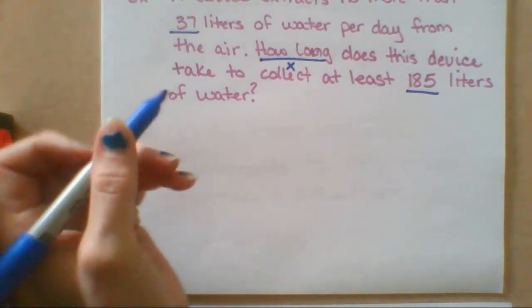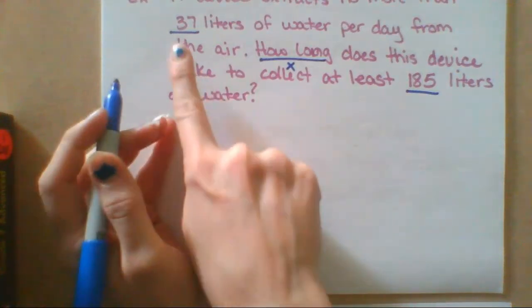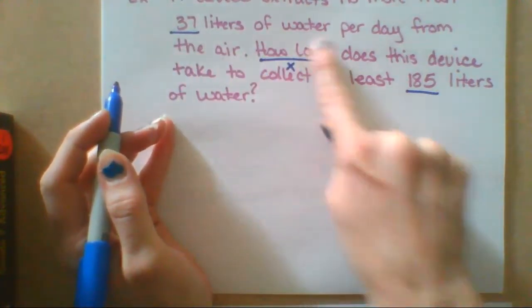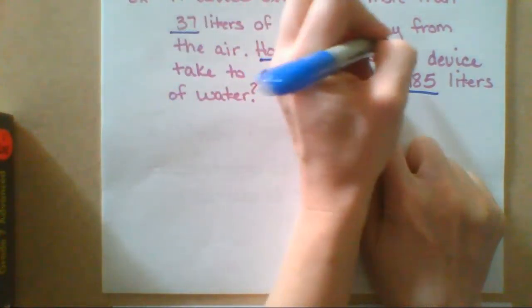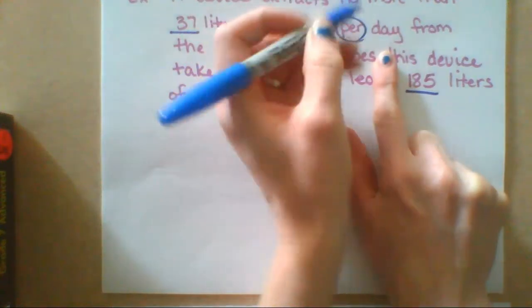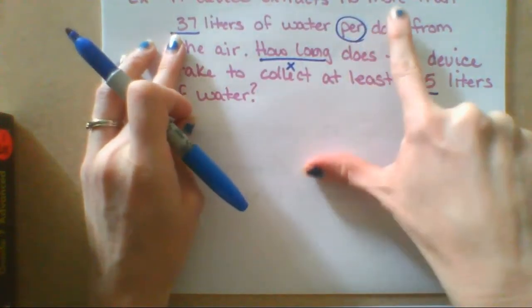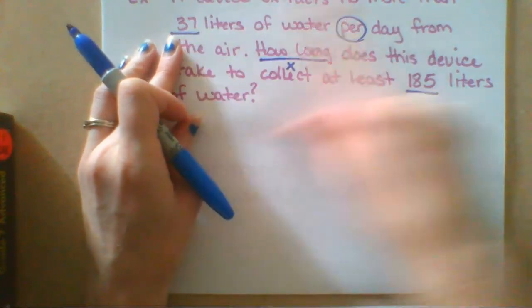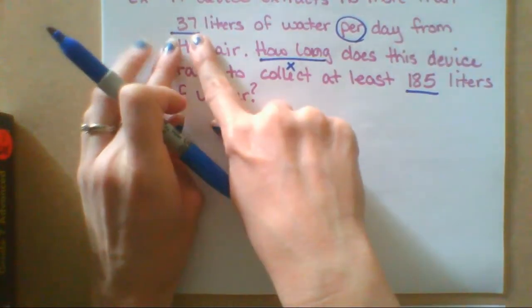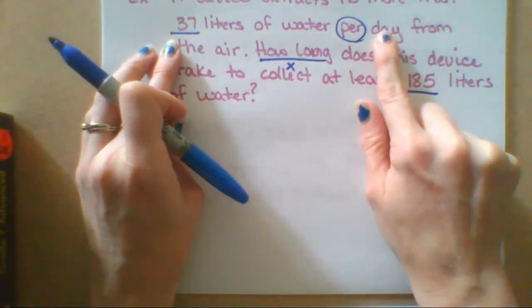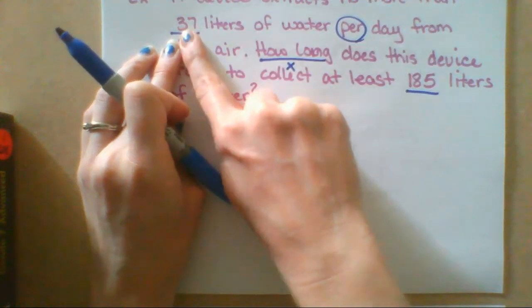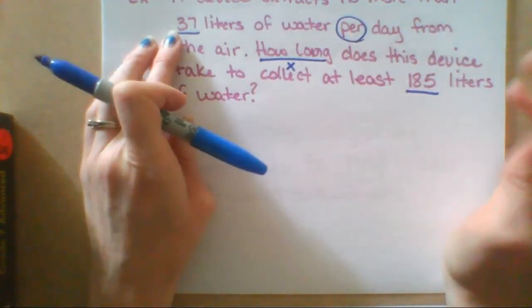All right. Now, it says we have 37 liters of water per day, okay? Which means every day, no more than 37. So 37 is what we call our maximum every day, all right? So 37 is our daily value.